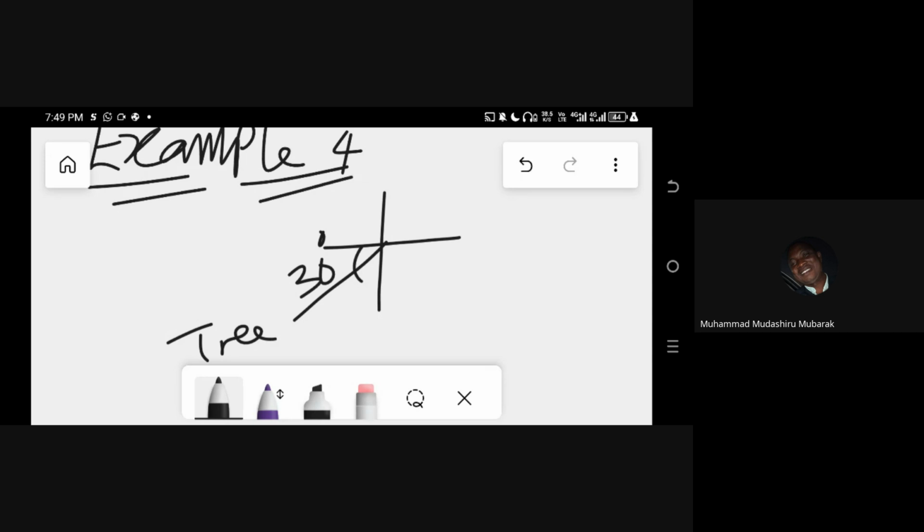South 30 degrees west. Let's hear from, this is Mubarak. Okay. Let's hear from Lucas. Lucas, do you agree with Mubarak that this is south 30 degrees west? Lucas, we're waiting to hear from you.